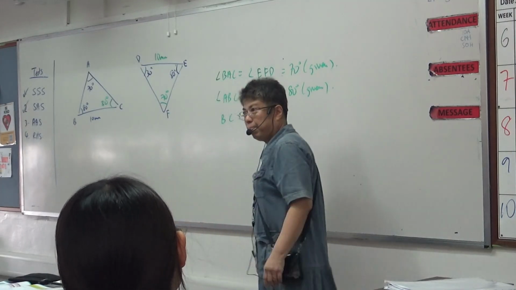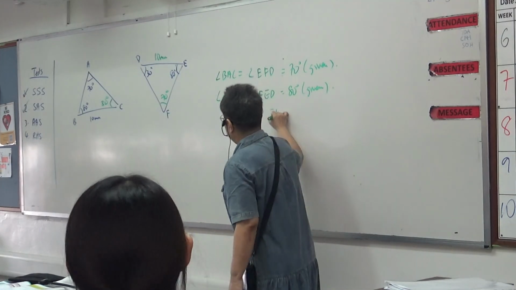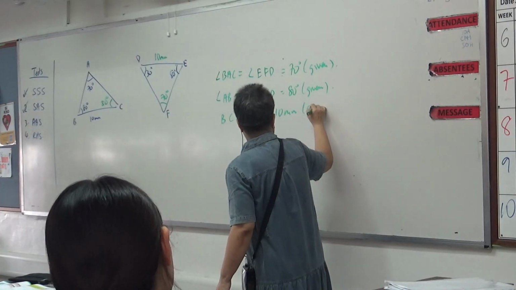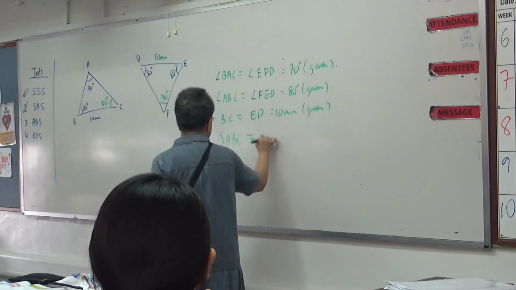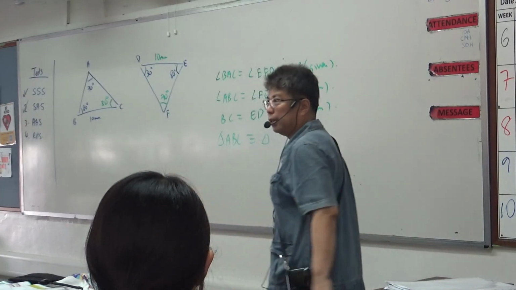ED, correct? Equals to how many? 10 mm. This is given. So triangle ABC is congruent to triangle what? Tell me in order.